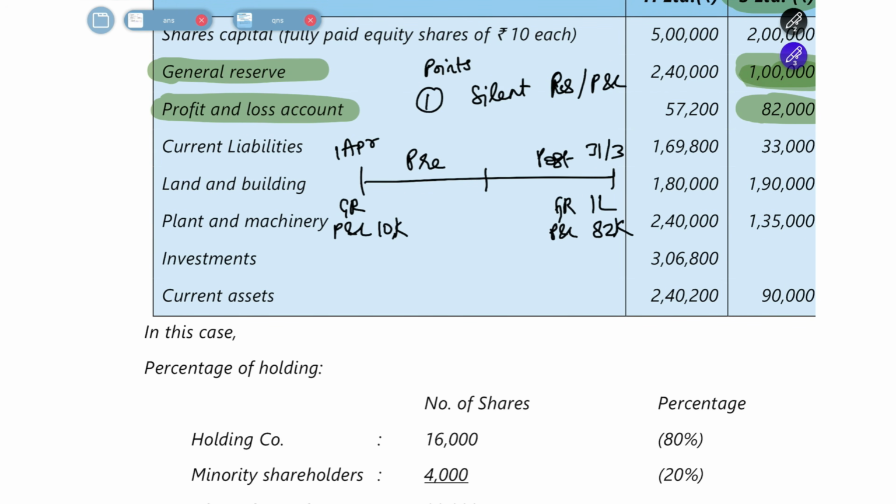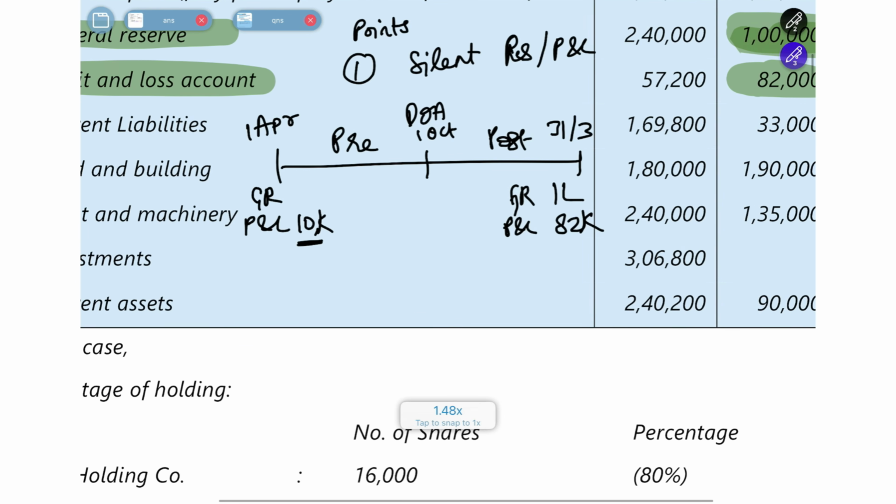And the date of acquisition was 1st October. So how are you going to split this 1,82,000 between the pre-period and the post-period?